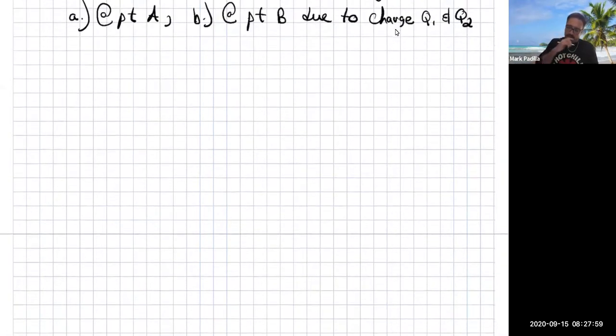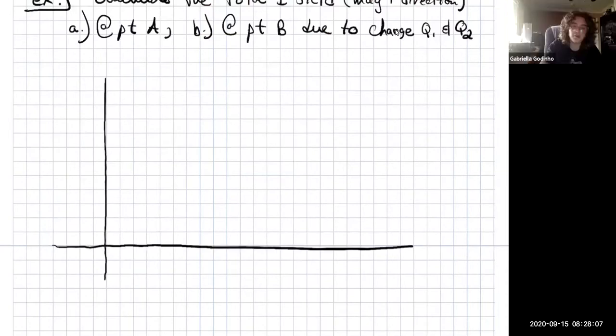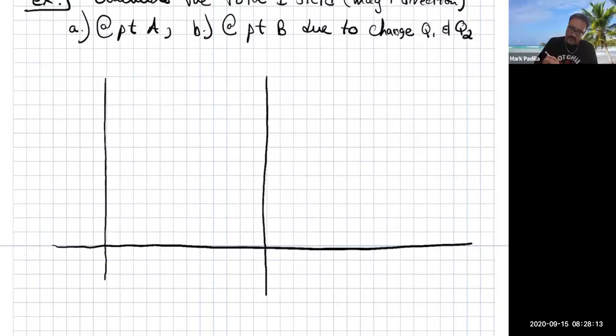All right, here's the setup. Is the second part of the question due to charge 1 and charge 2? Is that for both A and B or just B? For A and B. Okay.